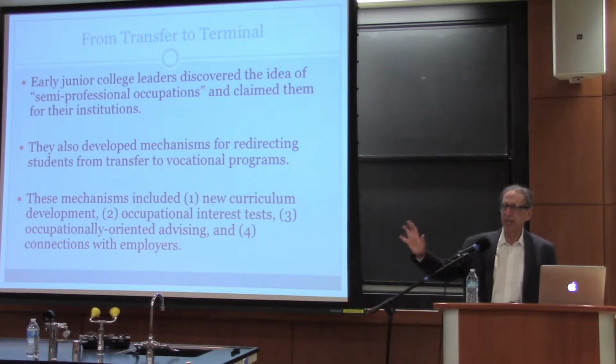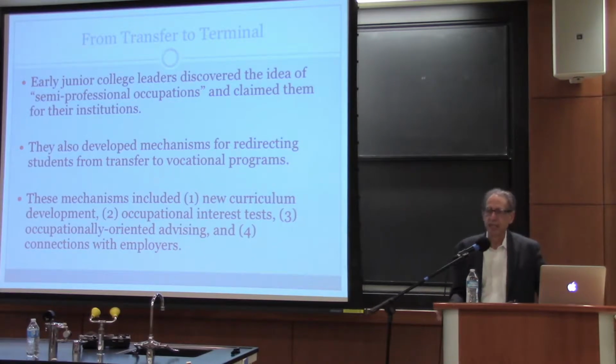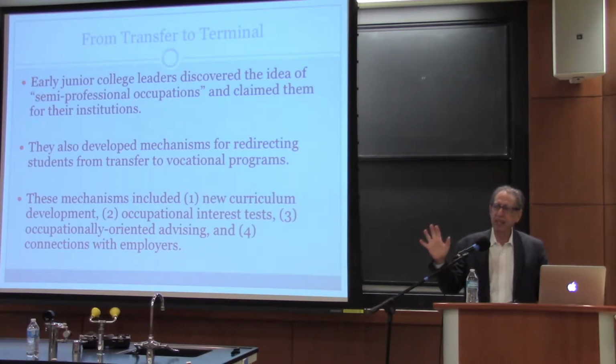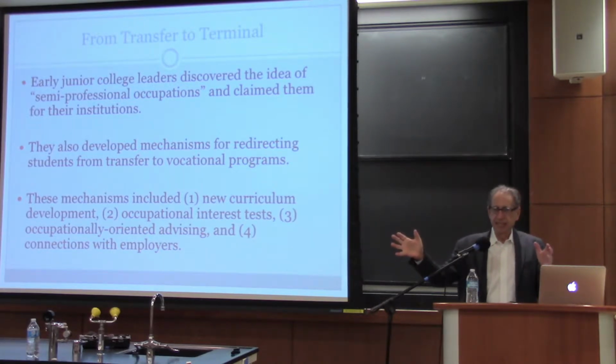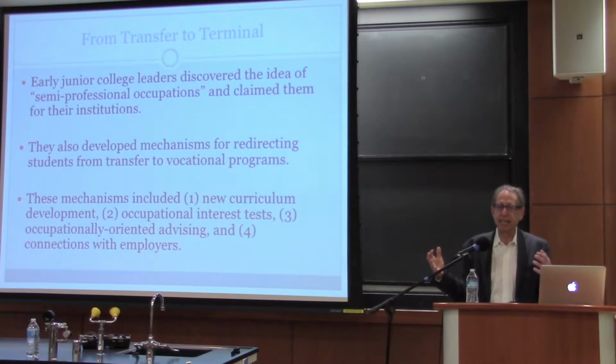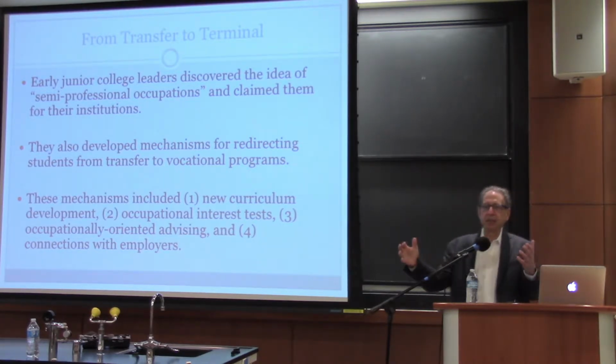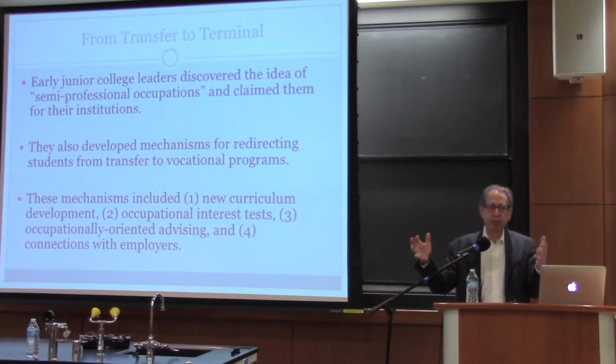And we're not talking about now, remember, we're talking about the beginning of this movement. And so Crosby Eells said, they're terminal in fact, if not in their own minds, and we need to do something for them. And that something was occupational and vocational training.